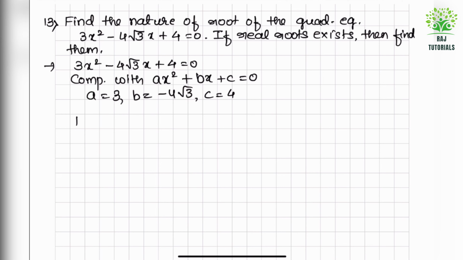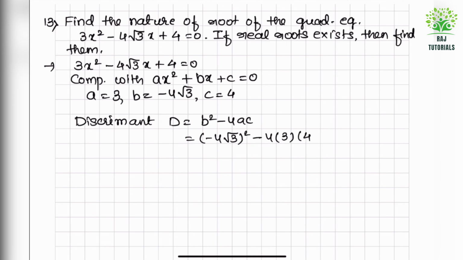So, discriminant D equals b square minus 4ac, which will be equal to minus 4 root 3 whole square minus 4 into 3 into 4. So, that will be 48 minus 48 which is equal to 0.